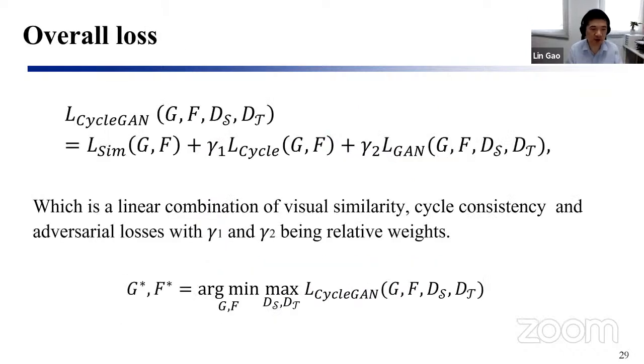And here are all the losses. For training this automatic deformation transfer, we need the similarity loss, the cycle loss, and the GAN loss. We sum them together with some weighting, and then use this loss to train the neural network. After the training, we could do the automatic deformation transfer.